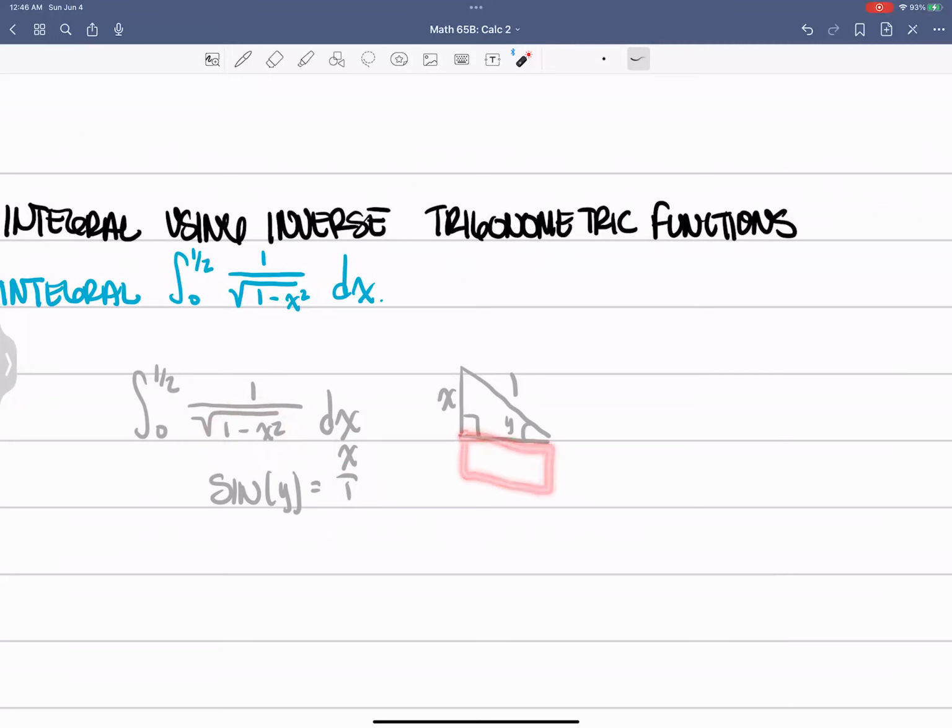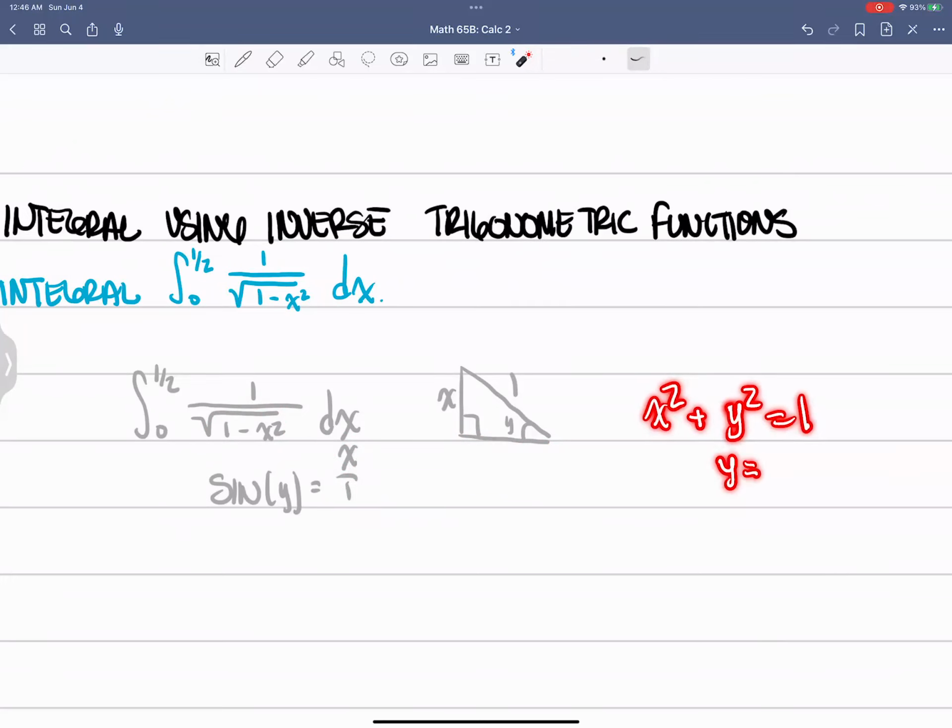The way I got that is we have a squared plus b squared equals c squared. We have x squared plus b squared equals 1.